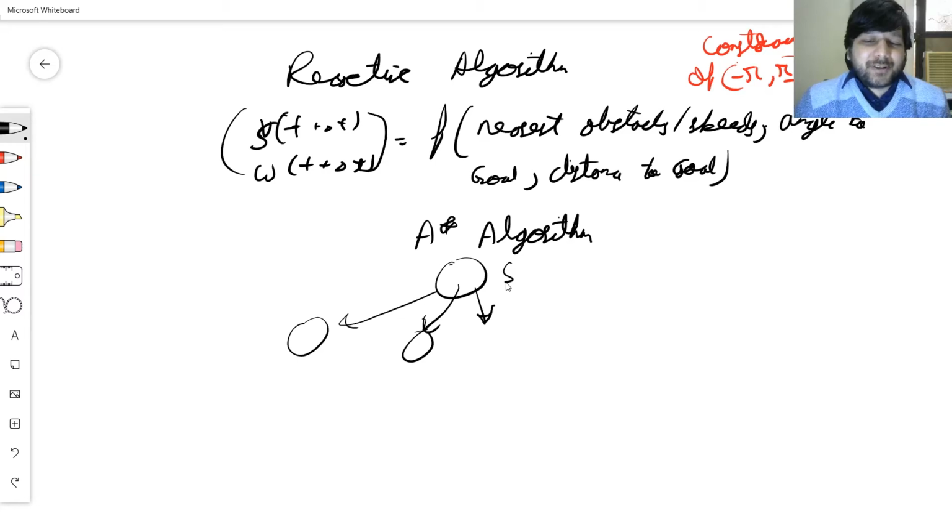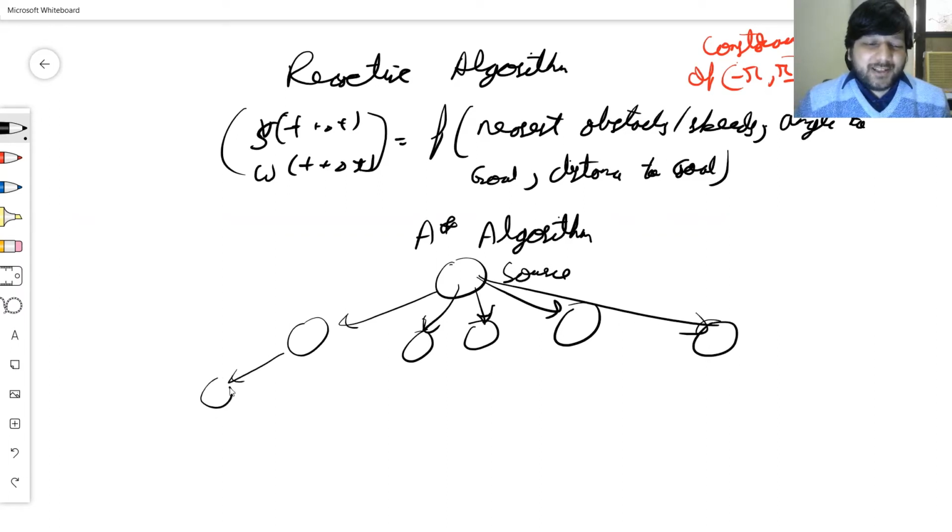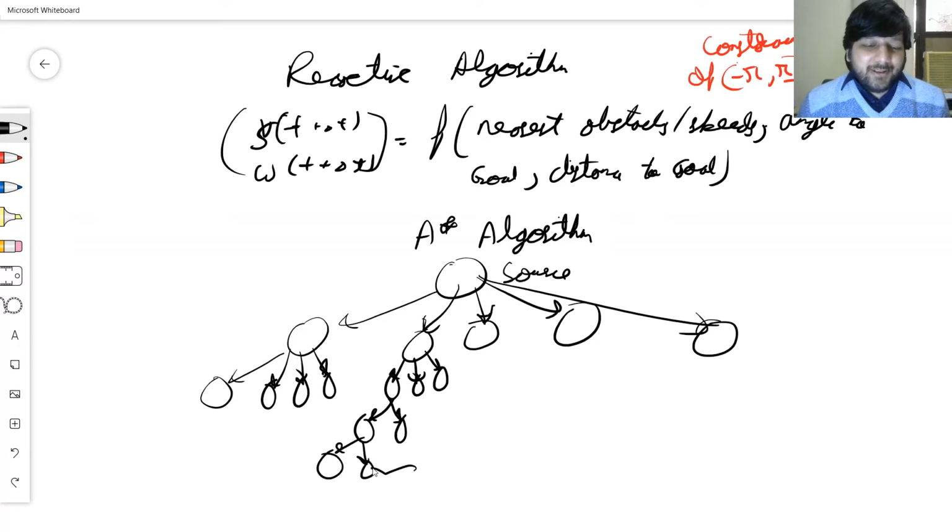You go from the source, you apply all possible velocities, all possible actions. From this, you apply all actions again. It's prioritized, so you can change the priorities of processing of nodes, and eventually you reach a goal, and this becomes your path. So that's an optimal search.